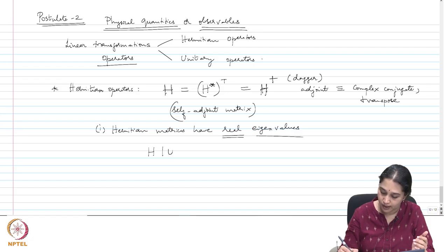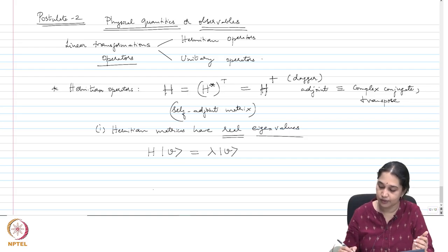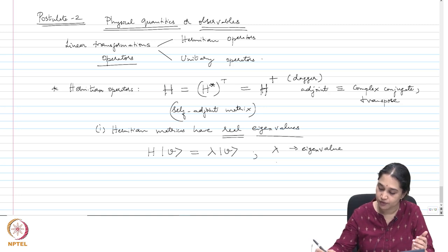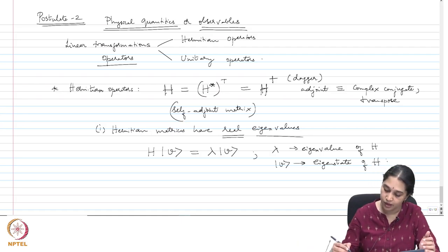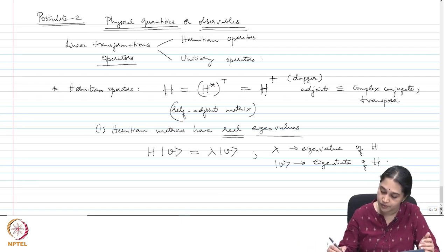So when H acts on a vector V in the following way, that it simply gives a scalar times the vector V itself, then we say that lambda is an eigenvalue of H and this ket vector V is an eigenstate. The state corresponding to ket V is an eigenstate of this operator H, right? So this is just a recall from linear algebra. So Hermitian matrices have real eigenvalues.